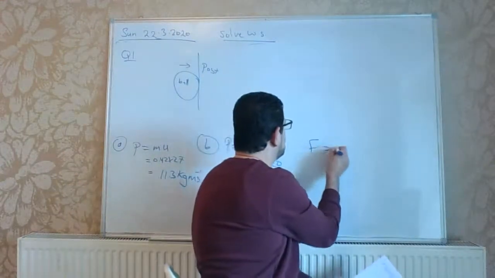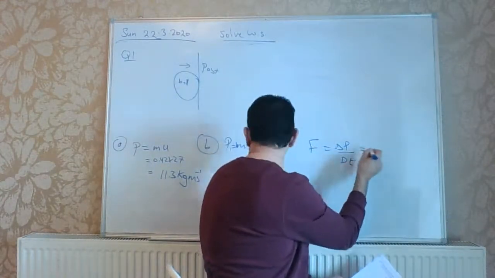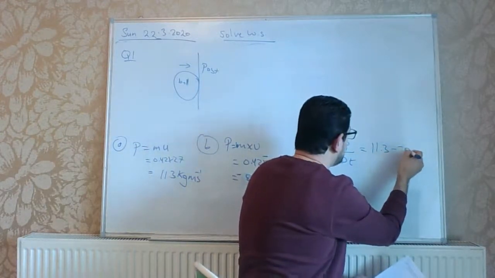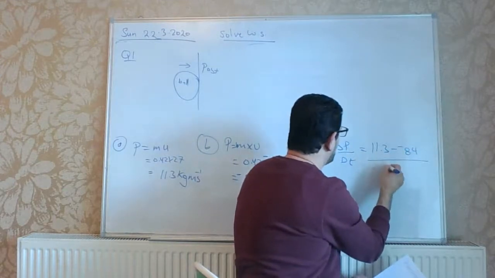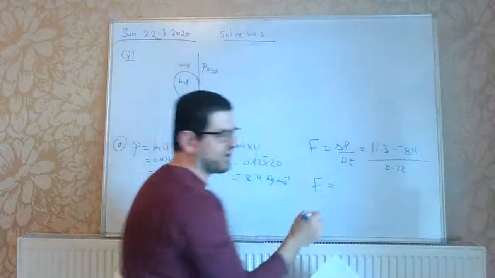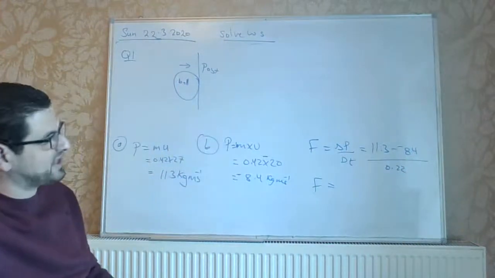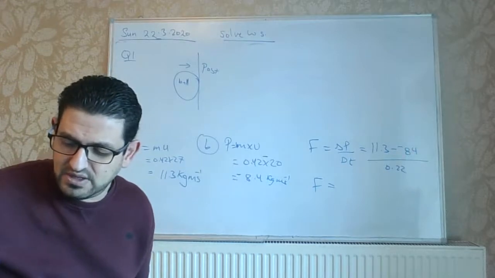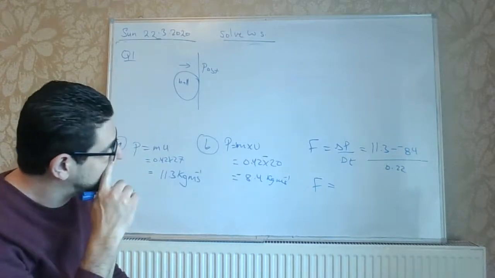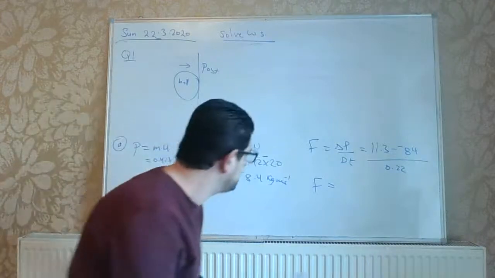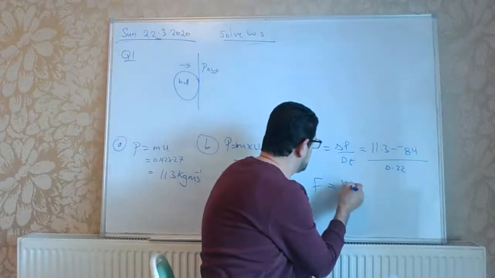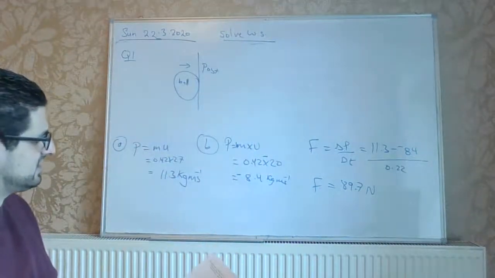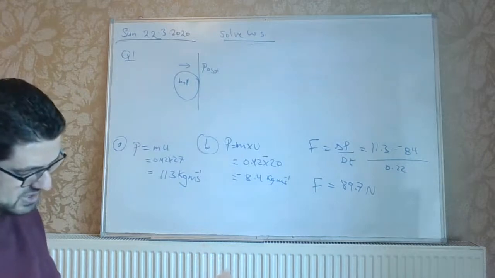The force equals change in momentum over time. The change in momentum was 11.3 minus 8.4, divided by 0.22. For the average force it doesn't matter if it's positive or negative, the main thing is it comes out positive. It comes out to 89.7 newtons. You can write it as 90.0 newtons if rounded, or 9.0 times 10 to the power of 2 if you want it to 2 significant figures.